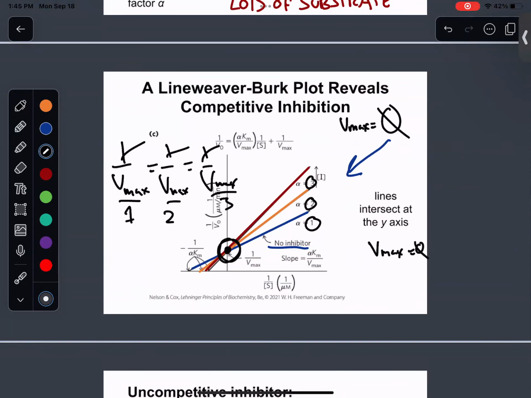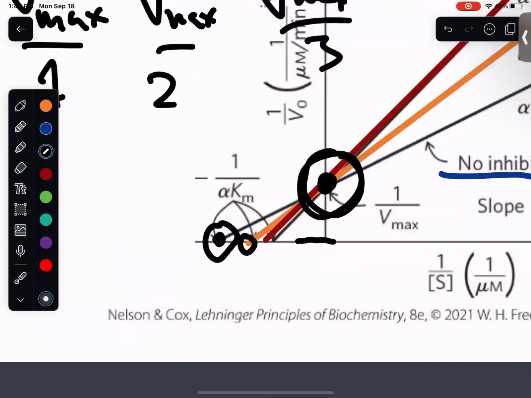So the x-intercept line here, these are all different, right? This is where the line crosses the x-axis, which is over here. These are all different. So if this is the original, right? This is the original uninhibited x-intercept.